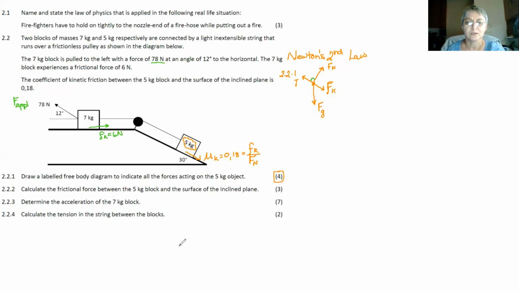Another thing that we need to keep in mind is that there is a component of the gravitational force that is perpendicular to the plane, and there is a component of the gravitational force that is parallel to the plane.